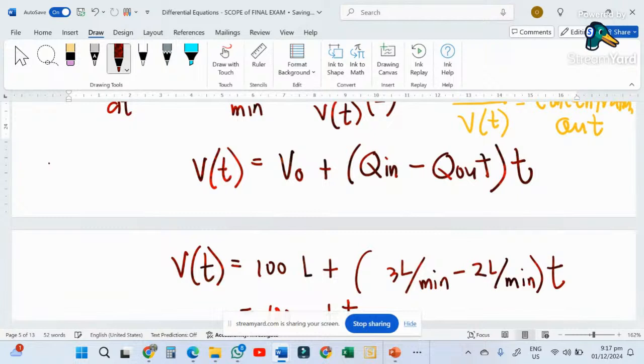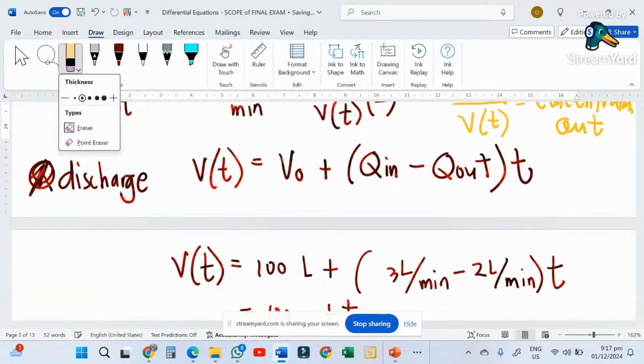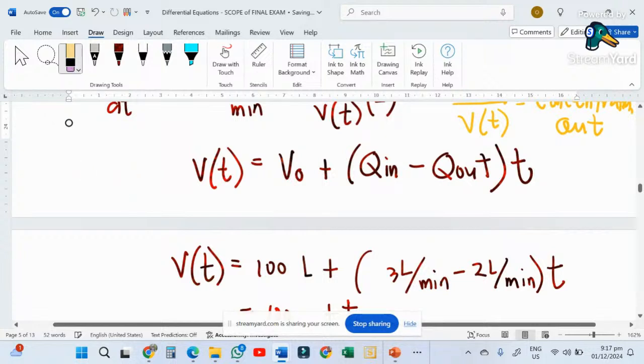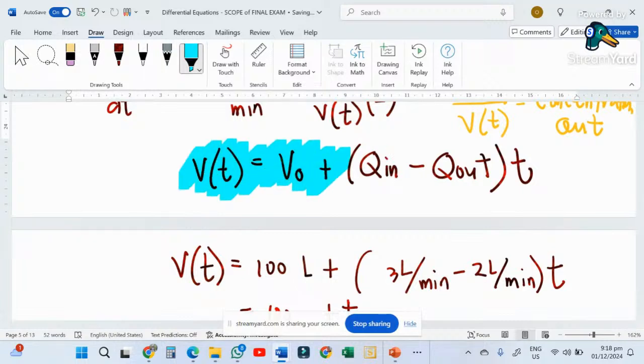Because Q in fluid mechanics is about discharge. So you can say inflow is Q in, minus outflow, Q out. That is how it's being presented. So the volume at any time will be equal to the initial volume plus discharge in minus discharge out, times t.